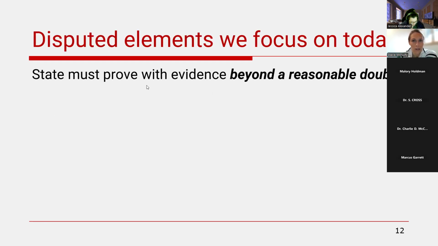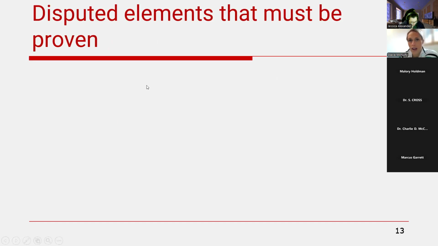So there are disputed elements that have to be proven, and you want to focus on the ones that are easiest to dispute. Oftentimes in a case, if we're talking about criminal trespass, maybe you don't dispute that the land is actually owned by Mama Bear, because it is.